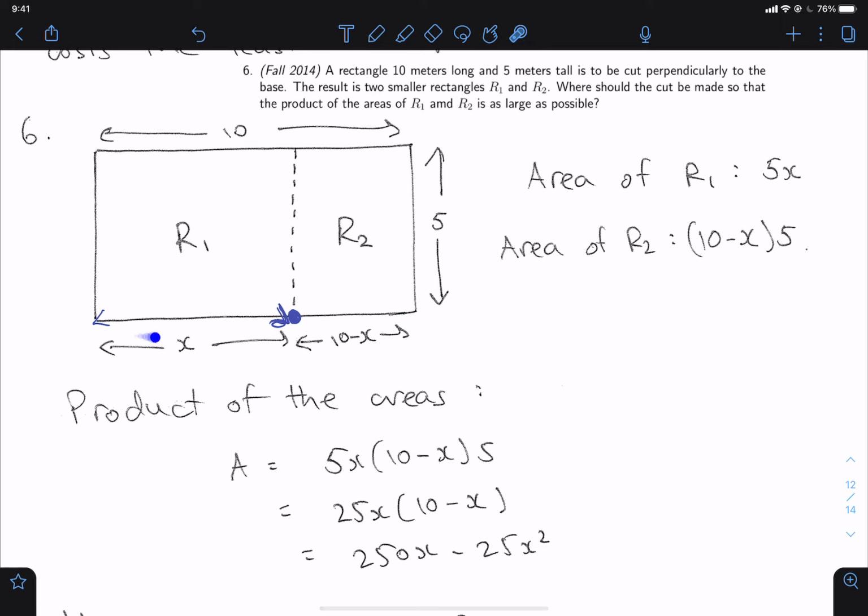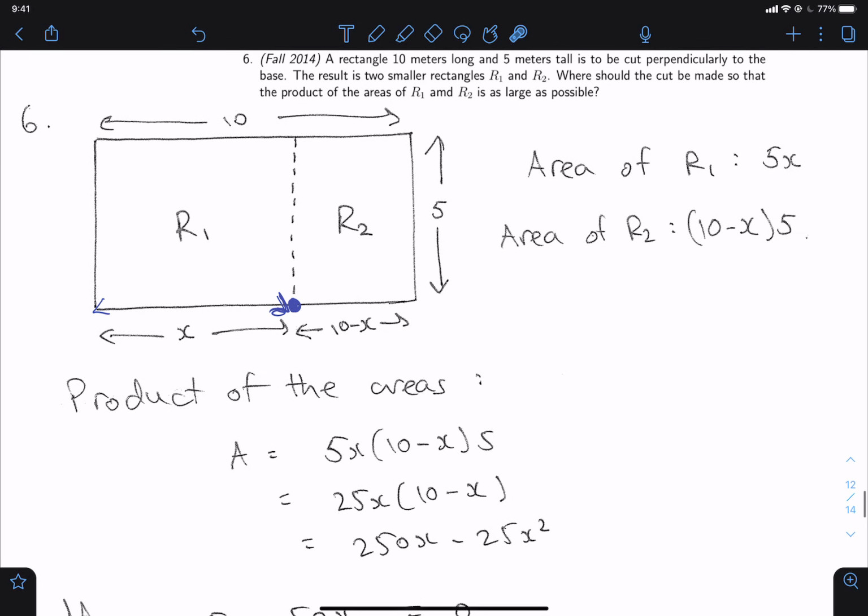So now we can express the length of rectangle R1 and rectangle R2. Now we use the length to multiply the height to figure out the area of R1, that is 5 times x, and also R2, that is 10 minus x times 5. So that is the area of each of these rectangles respectively.